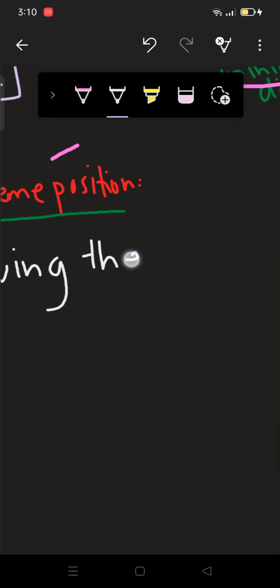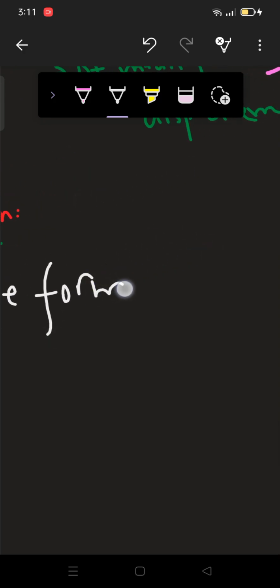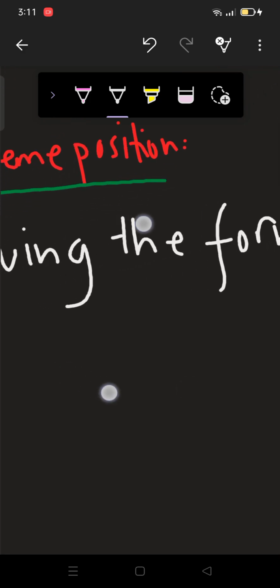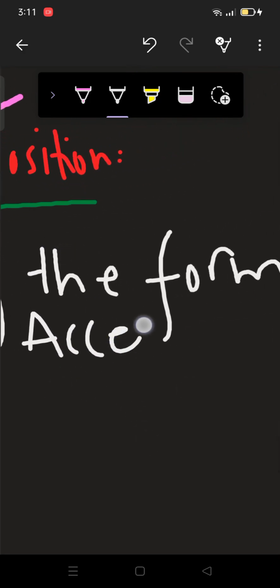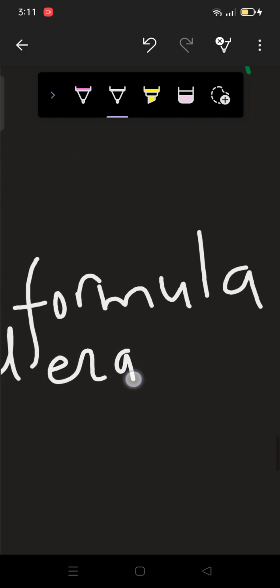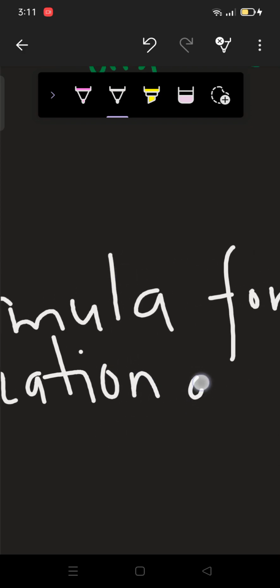Deriving the formula for finding acceleration of what?